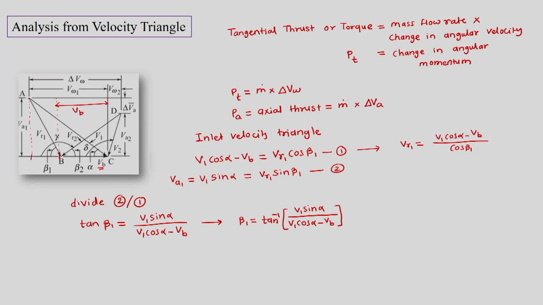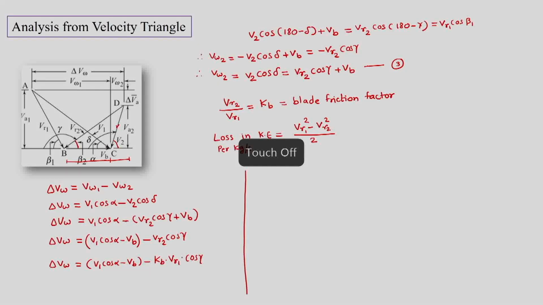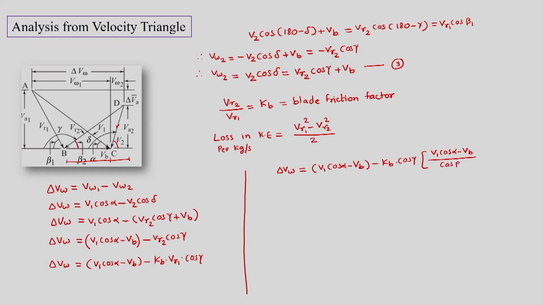So this is the expression for VR1 from equation number 1. We can put this over here and say delta VW is equal to V1 cos alpha minus VB minus KB into cos gamma into V1 cos alpha minus VB divided by cos of beta 1.